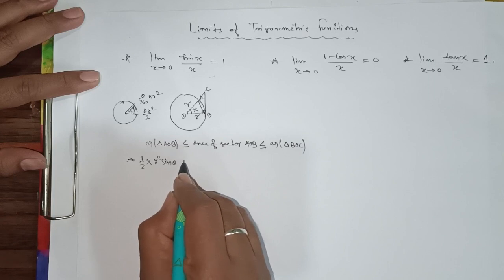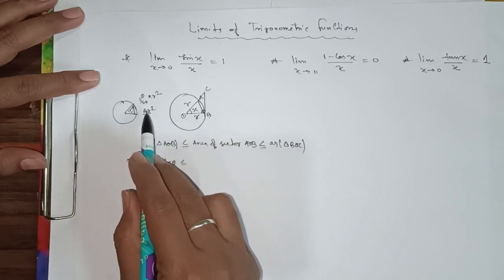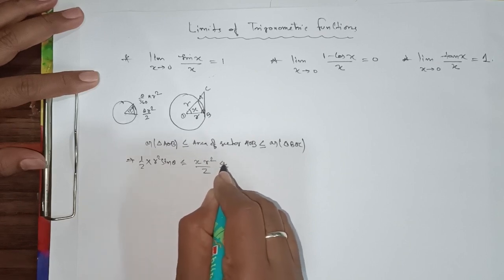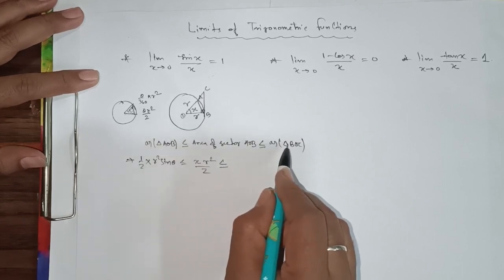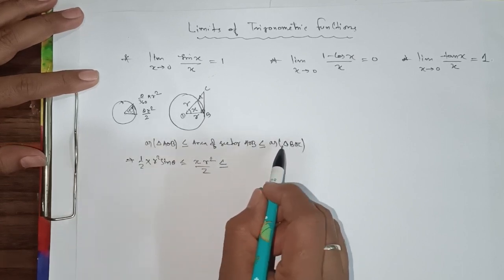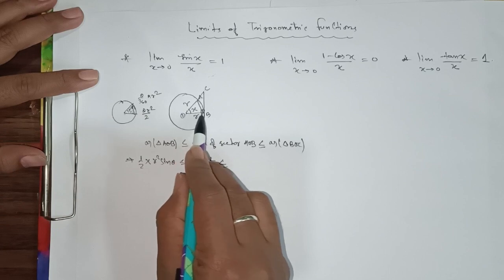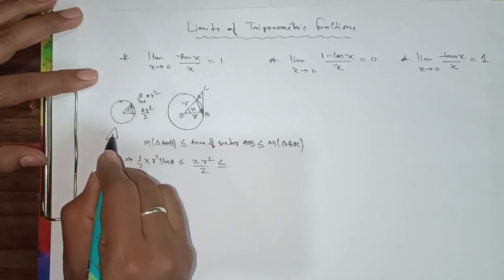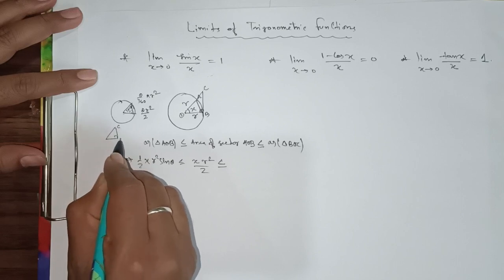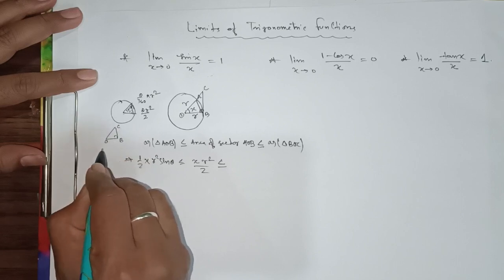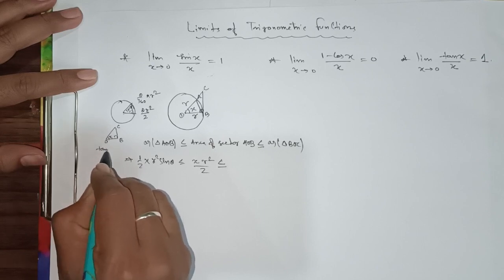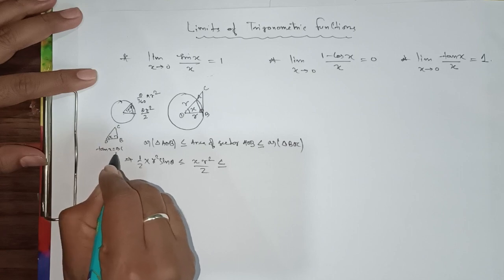Next, the area of the sector we have got here, theta will work as x here, x r square by 2, is less than or equal to triangle BOC, where this is your base and this is your height. If I take out this triangle with 90 degrees at B, we know that tan x equals BC by OB.